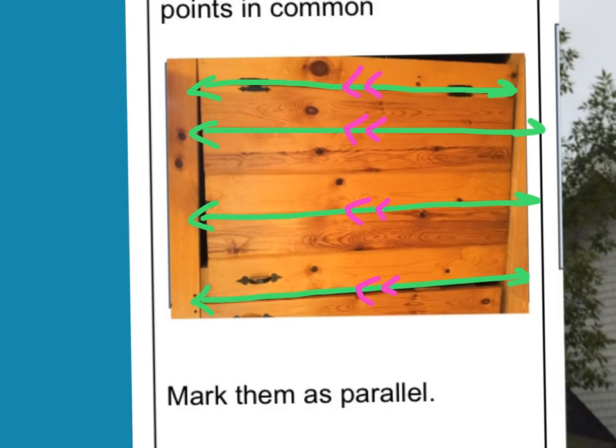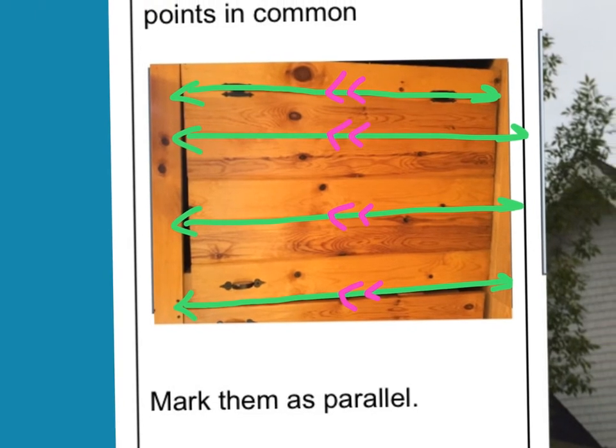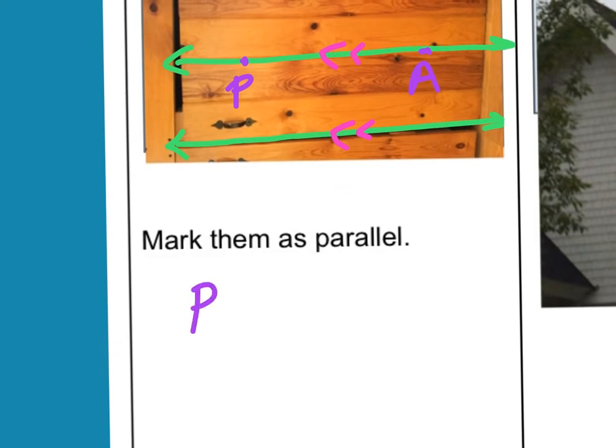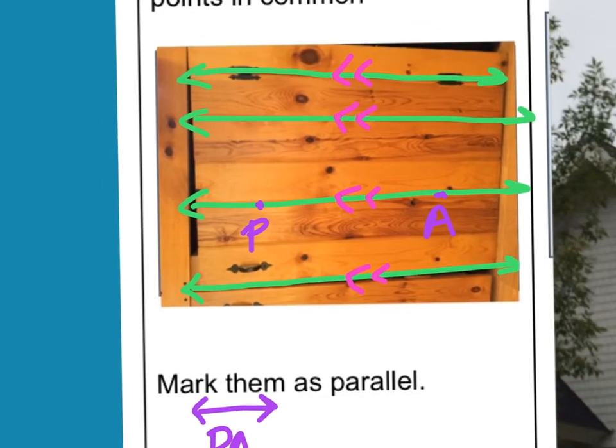Remember when I said I could use 2 endpoints here? Or 2 points on the line, and I could call that line PA. And I would have to put the notation that has a line with 2 arrows on the end to represent that. I can also call each of these lines by a cursive letter.